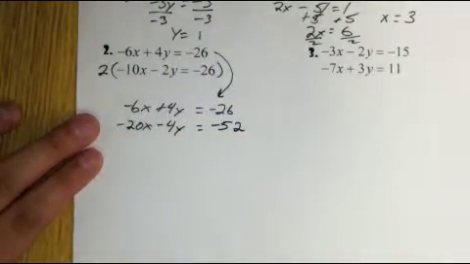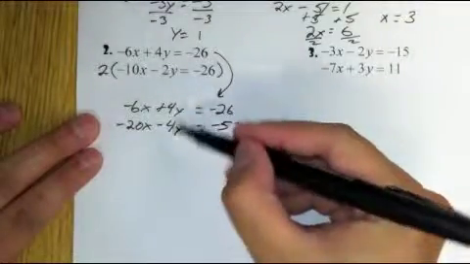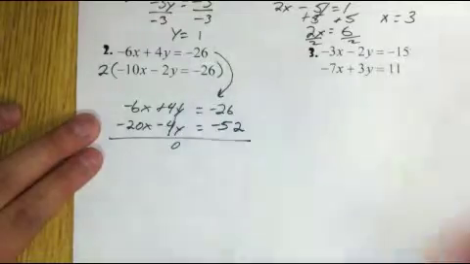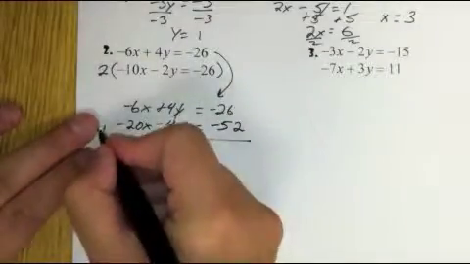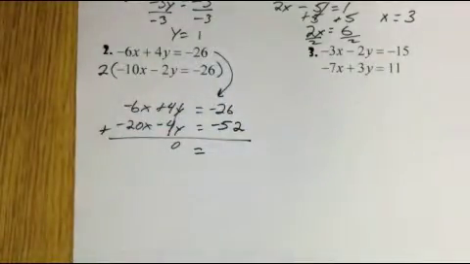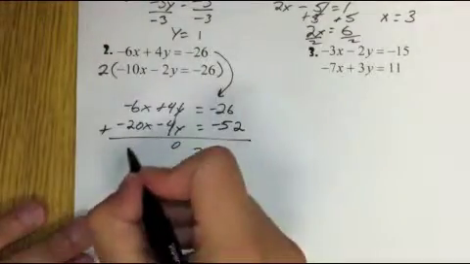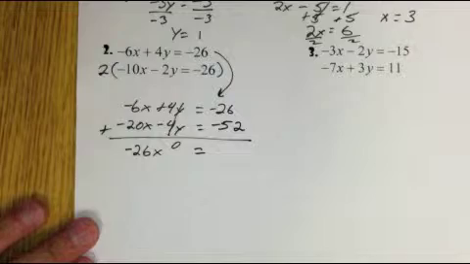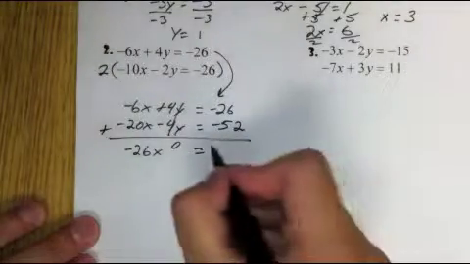Okay. All right, can you eliminate now? We got same numbers, opposite signs, absolutely. Goodbye, y. Let's add straight down. Negative 6 plus negative 20, you got it, is a negative 26x. Negative 26 minus 52 is going to be a negative 78.